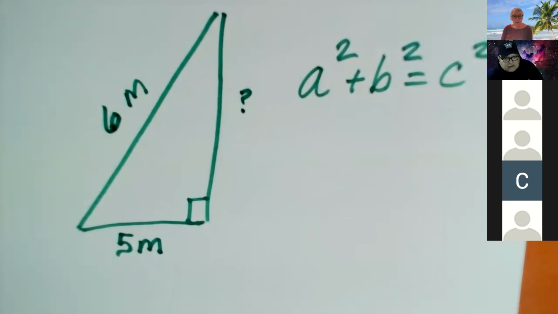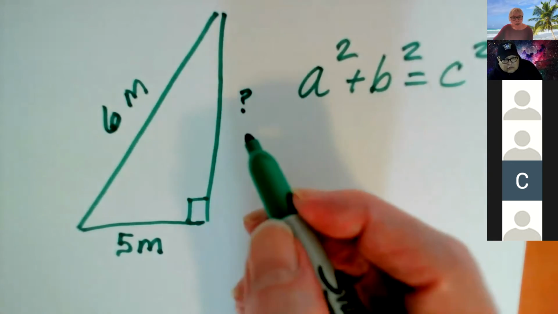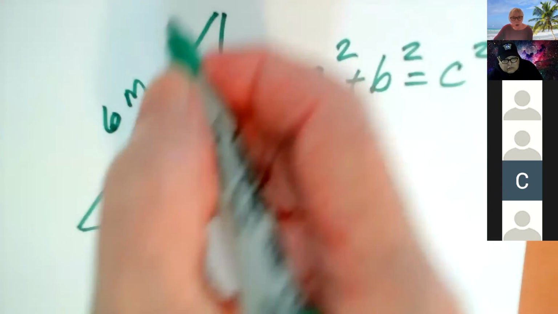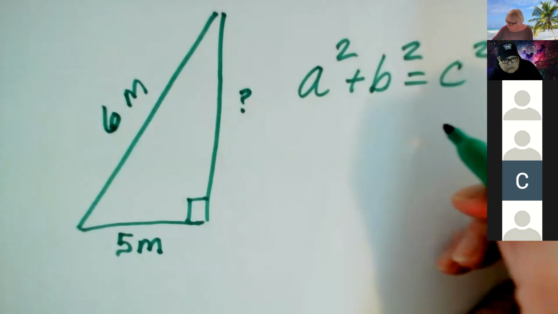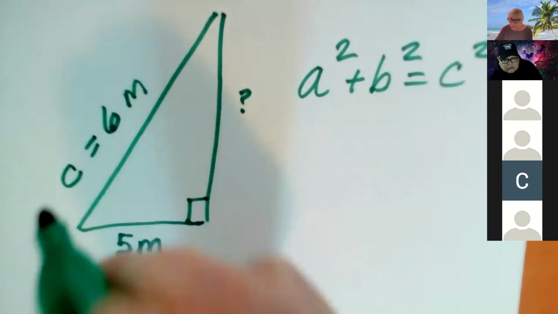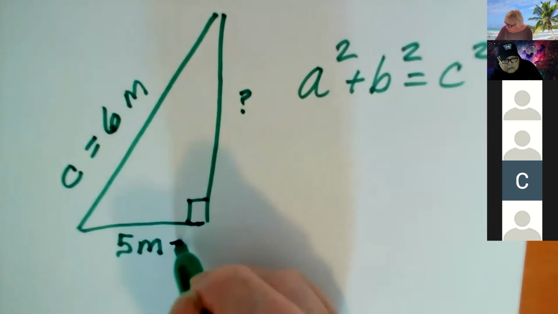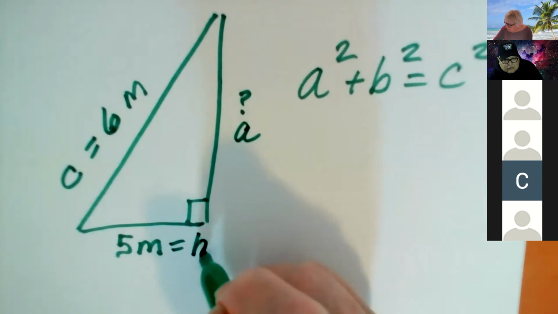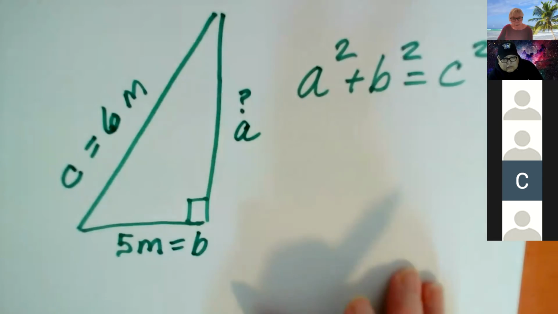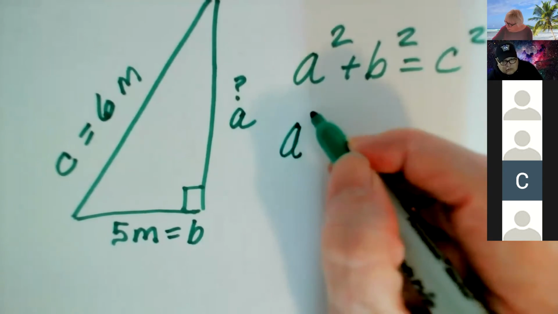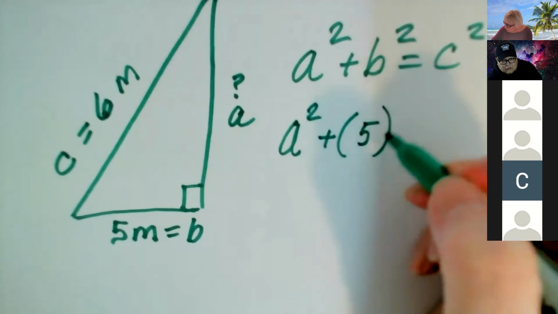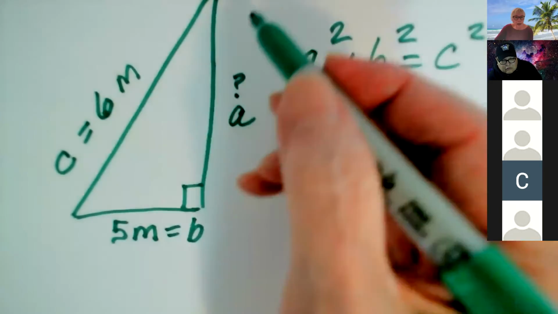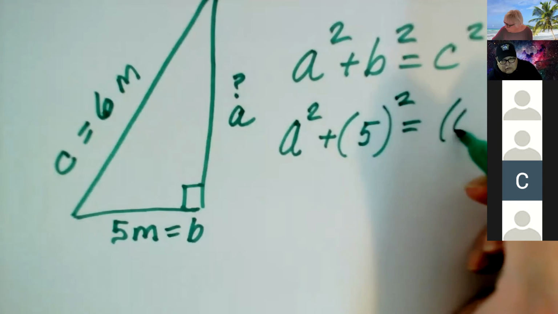We're going to end up subtracting. We're going to use the formula, and the missing side is not the longest side. This is the longest side, the side opposite the right angle, so this is actually C. This could be A, this could be B; the A and B doesn't really matter. So A we don't know, A squared. B is 5, and C, the longest side, is 6.